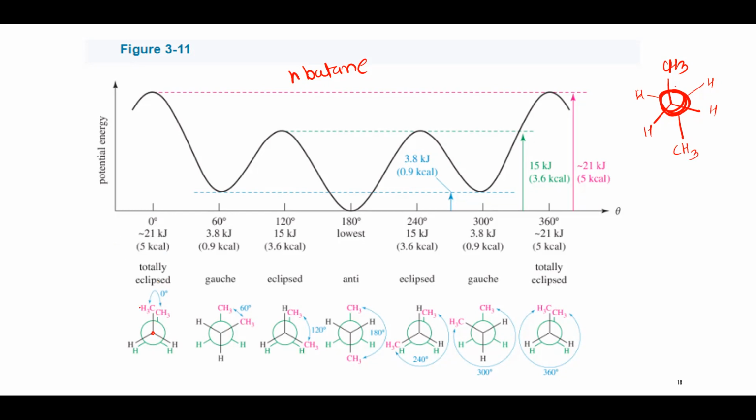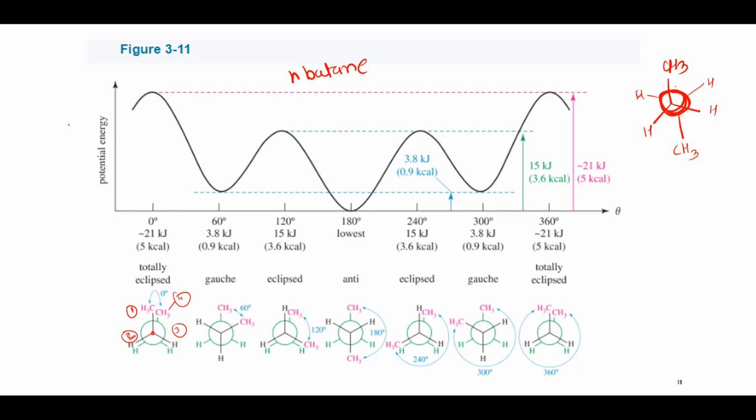I will just give the numbering for understanding: this one is 1, this one is 2, the backside carbon is the third, and this backside methyl group is the fourth. These are the 4 carbons of the butane molecule. And this conformation is called total eclipsed or eclipse conformation. You can give both. Generally people call it total eclipse.